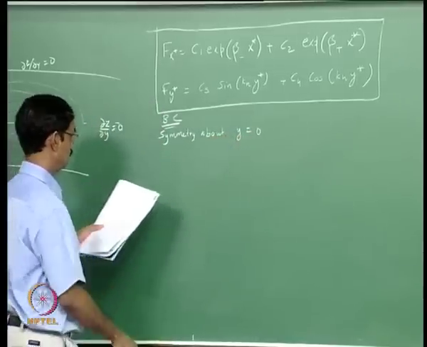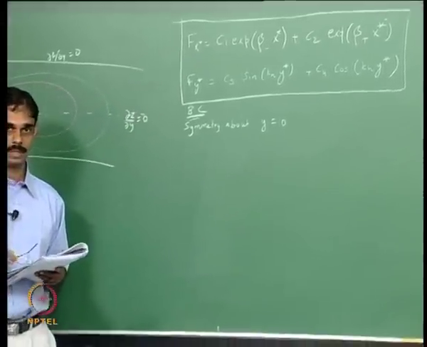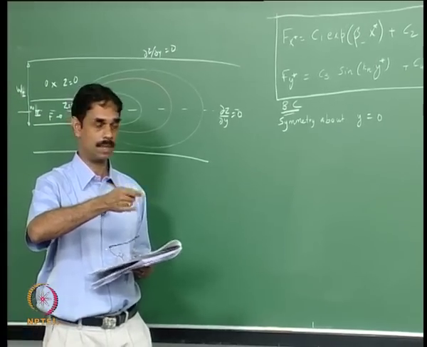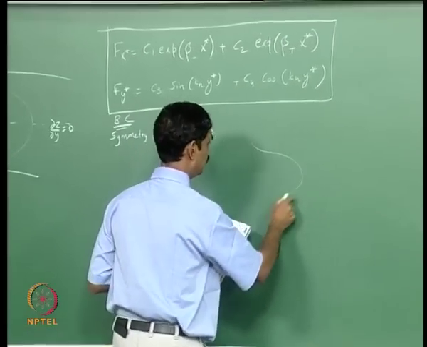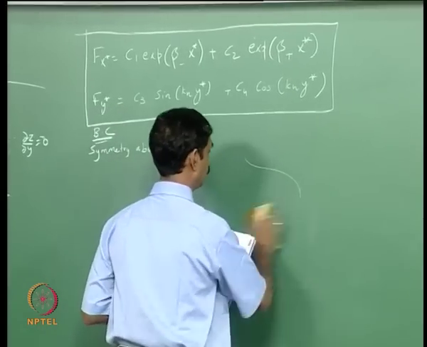That says dfy over dy should be 0, because the slope should be 0, only then you will have a symmetric profile, right. If you have a profile which comes like this, which is symmetric, then the slope should be 0 here.